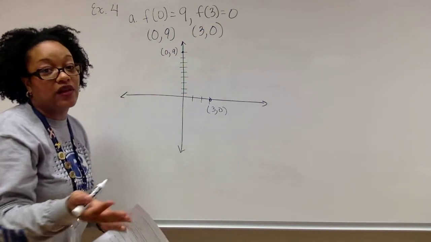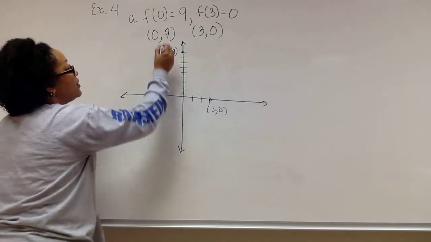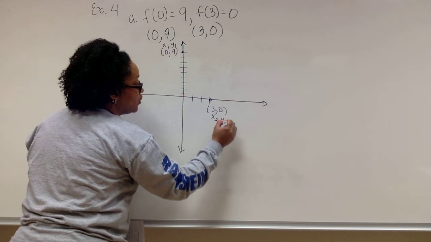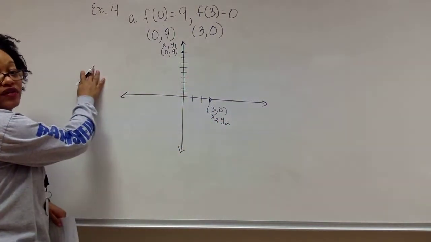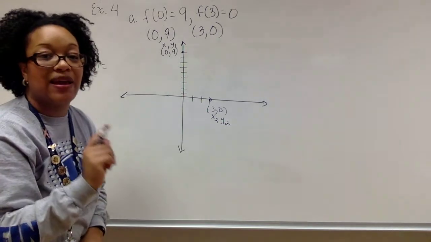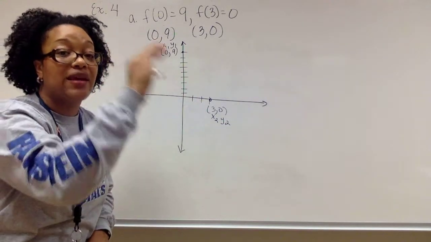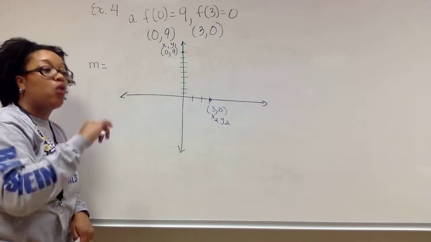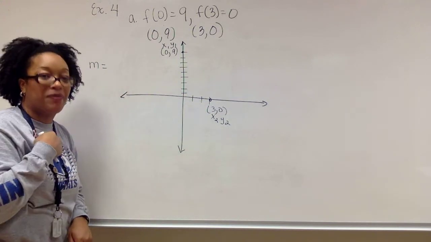If I'm going to use the slope formula, I got to label my points. I'm going to let this be x1, y1. Let this be x2, y2. And now I'm ready. I'm just going to go here on the side and find my slope. Now keep in mind, we should get the exact same number, same sign. If we don't, one of us is wrong, and I bet you it won't be me.